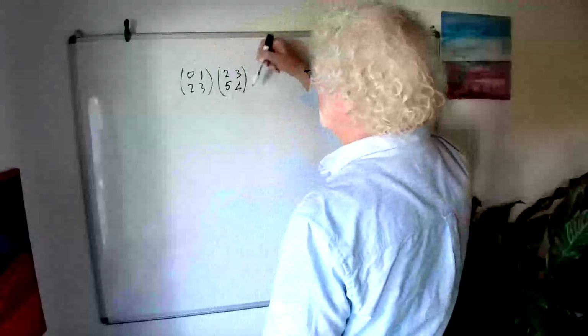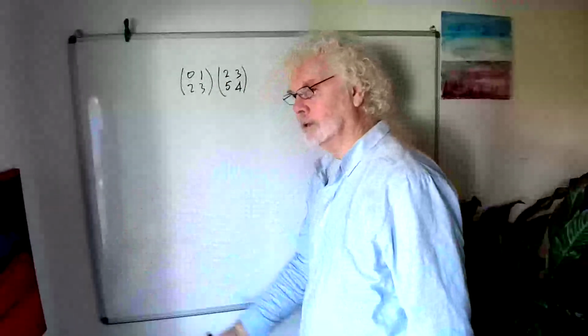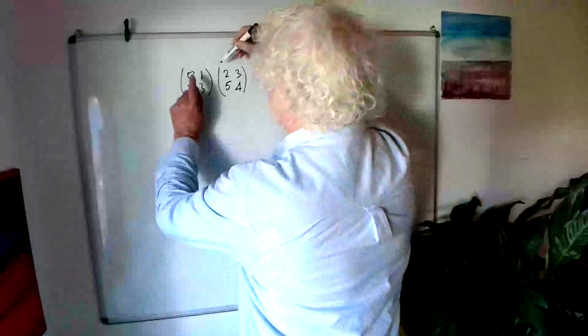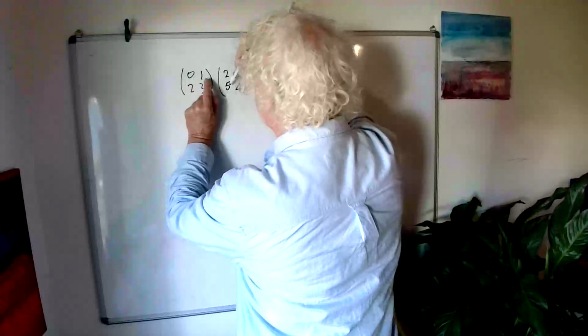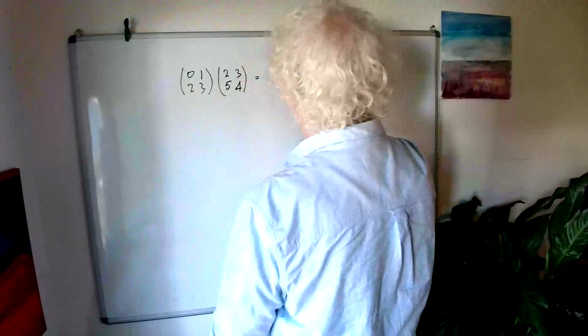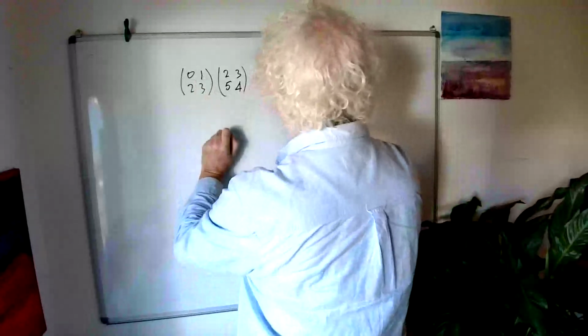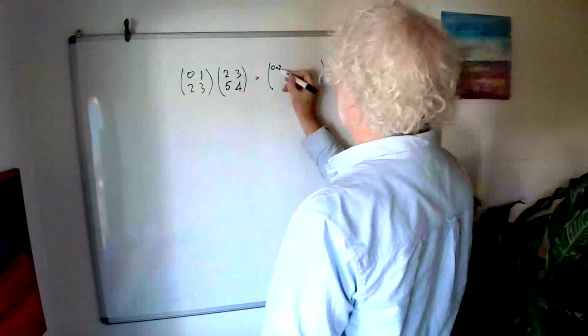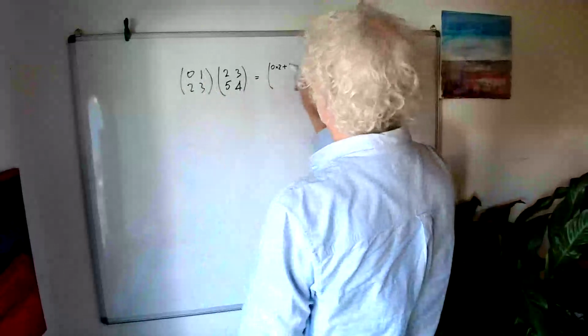So really this thing is a helpful way of doing something which I'll talk about later. 0 times 2 plus 1 times 5. So here we're going to get this thing: 0 times 2 plus 1 times 5.